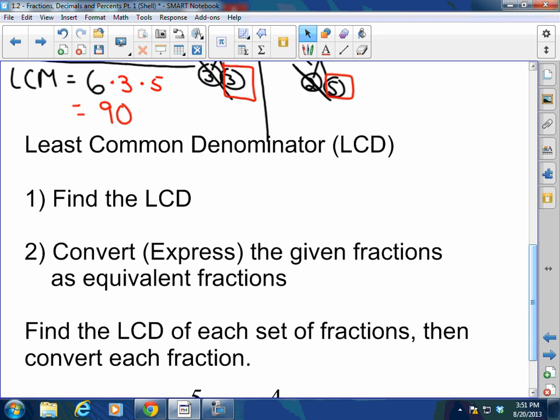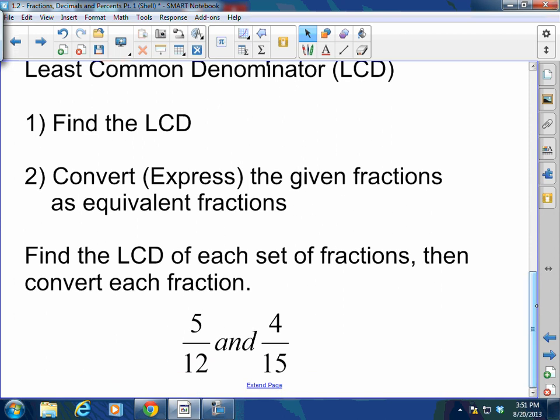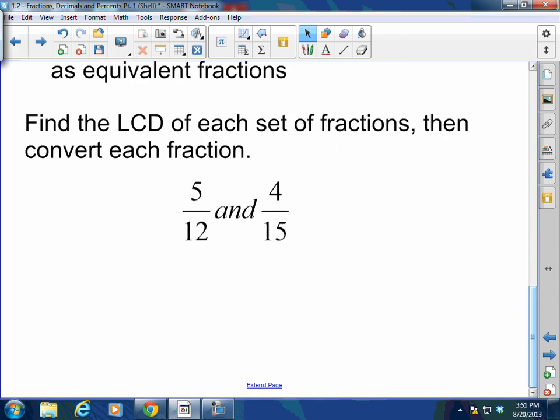When you know the common denominator, you want to convert or express the given fractions as equivalent fractions. What does that mean? Well, let's find the LCD of each set of fractions, then convert each fraction. So first of all, 12 and 15. What is the LCD? What is the least common denominator? Well, let's find out.